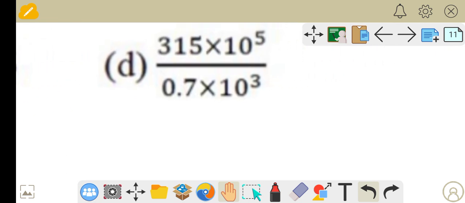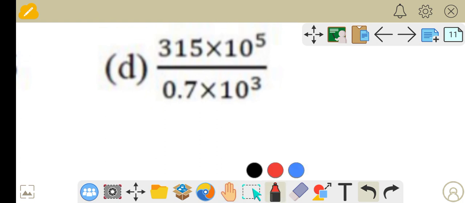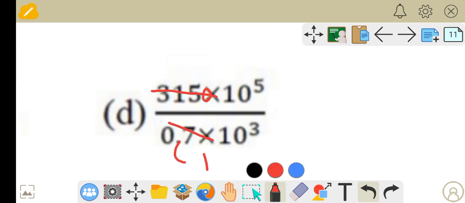In the same way, in the last question, we need to simplify before converting the number to the given form. So 315 upon 0.7. We can remove the decimal and put a 0 after 315. Now we can simplify. 7 ones are 7, 7 fours are 28, 7 fives are 35 and a 0.